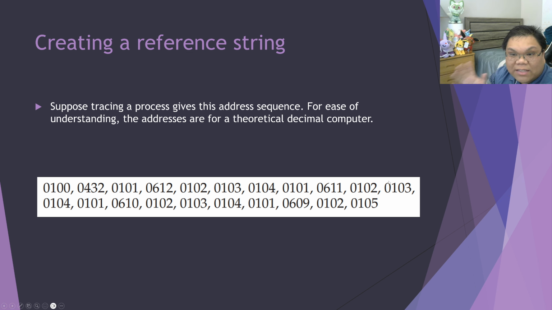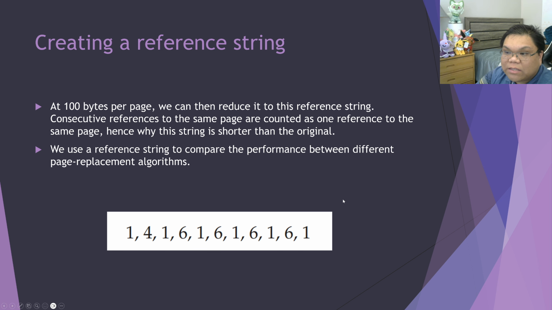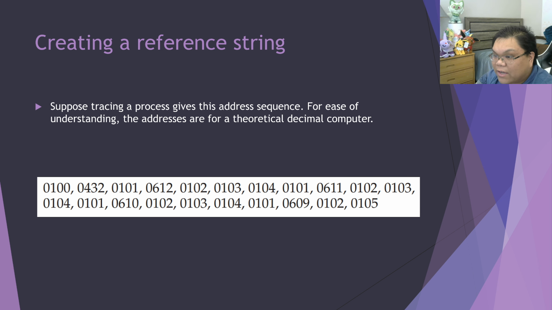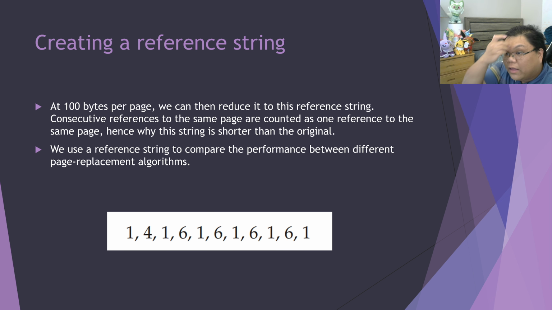And let's just say, for the sake of example, that these are decimal addresses. At 100 bytes per page, we can then reduce the sequence of addresses into what we call a reference string. Consecutive references to the same page are counted as one page reference. Hence why this string is shorter than the original. And we can use this string to compare the performance between different page replacement algorithms.